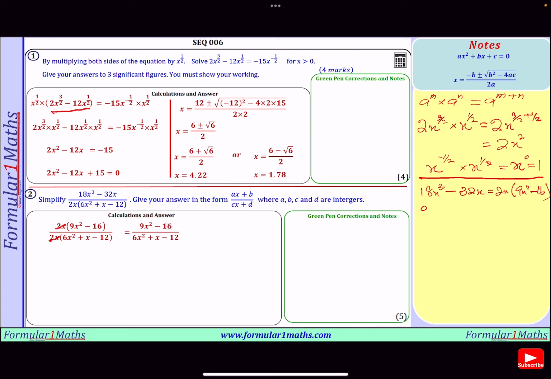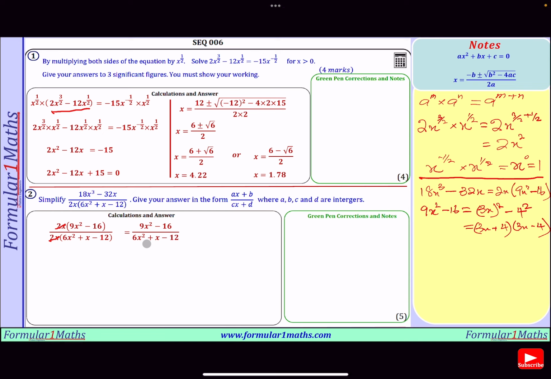So 9x squared minus 16 is the same as 3x all squared minus 4 squared, which will give 3x plus 4 and 3x minus 4. We also need to factorize the denominator.